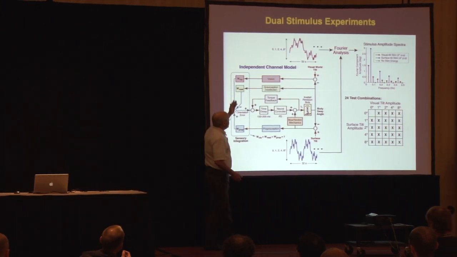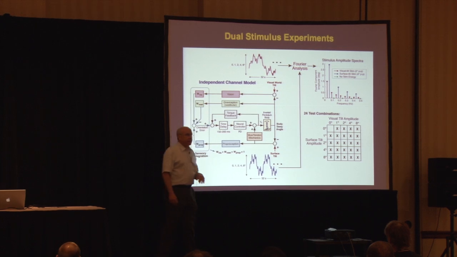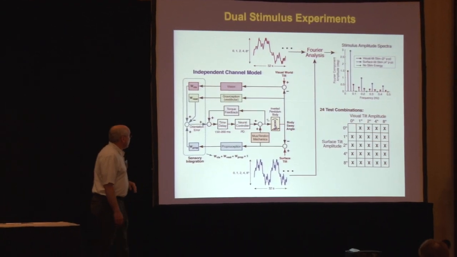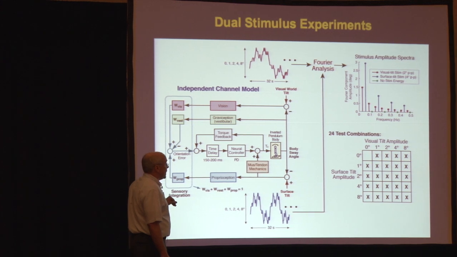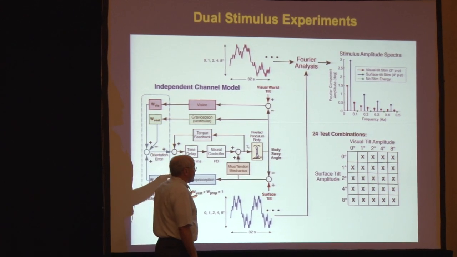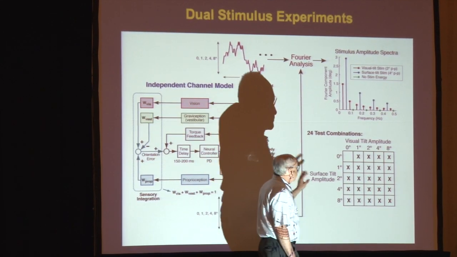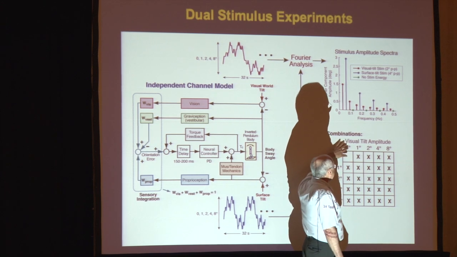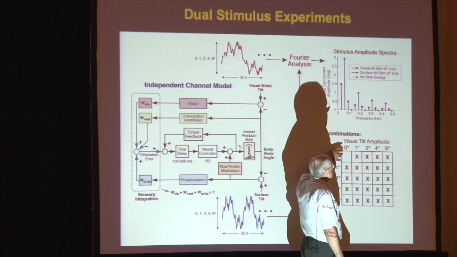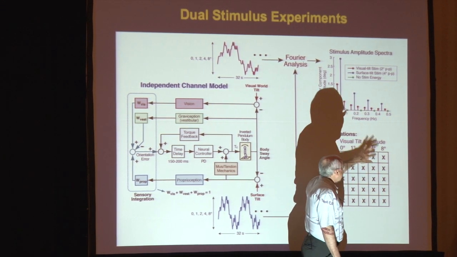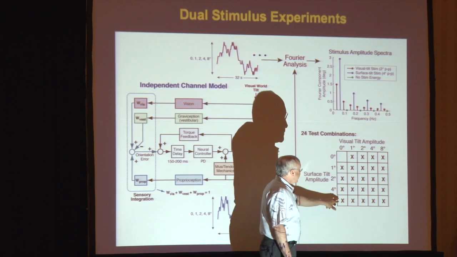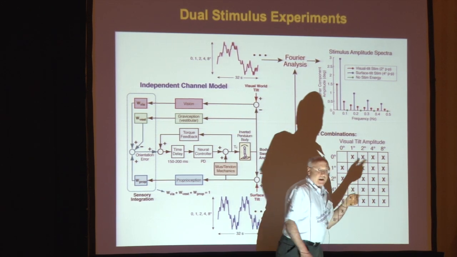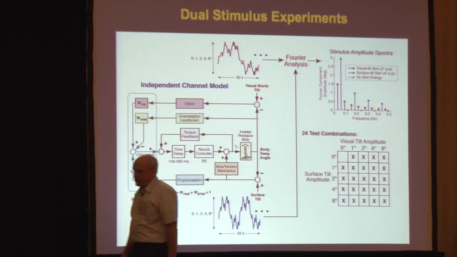We gave 2 mathematically uncorrelated pseudorandom stimuli together simultaneously and separately. And we varied their amplitudes, so we gave, say, visual stimulus separately, varying the amplitude, surface tilt stimulus separately, varying the amplitude, and then all combinations in between.